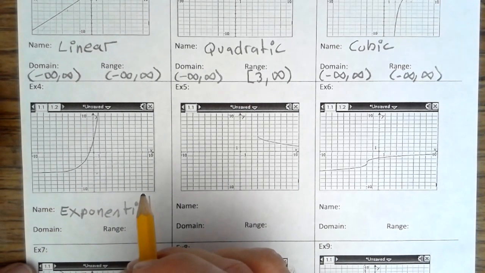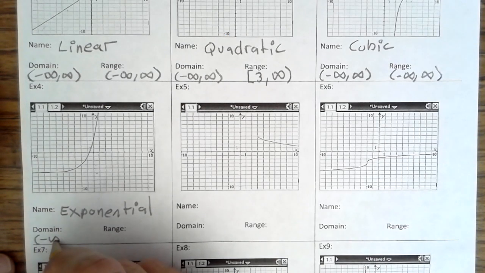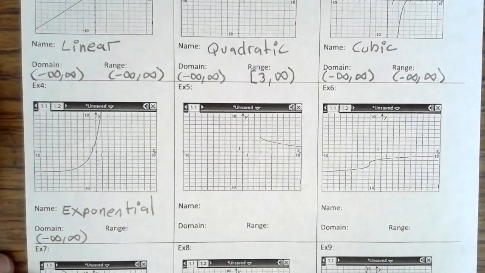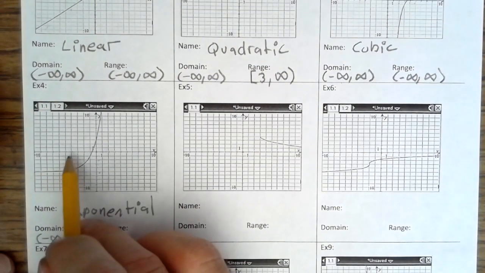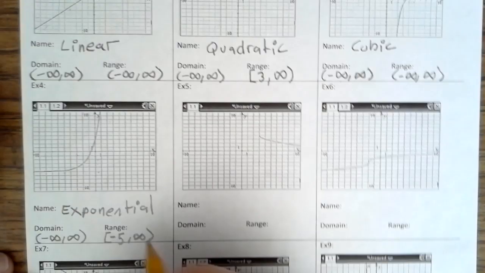I'm sorry, the domain is negative infinity to positive infinity because from left to right, it doesn't have a start and stop point. But the range started at 0 in the parent function, but it went down, so it's bracket negative 5 to infinity.